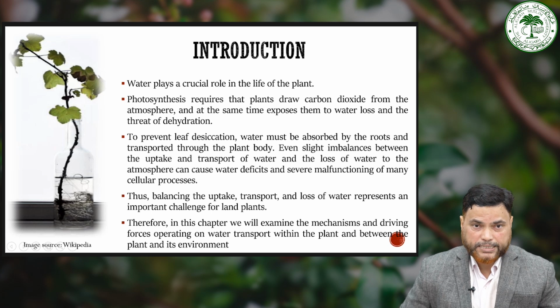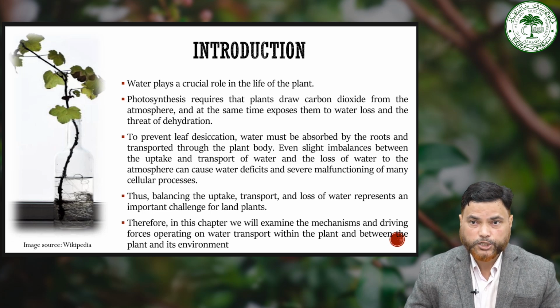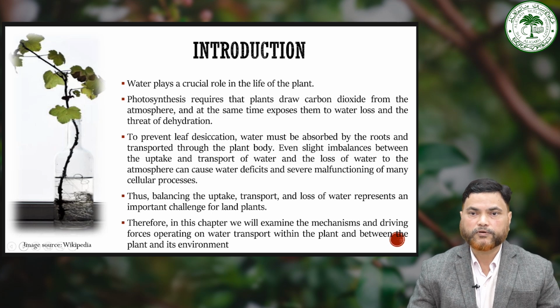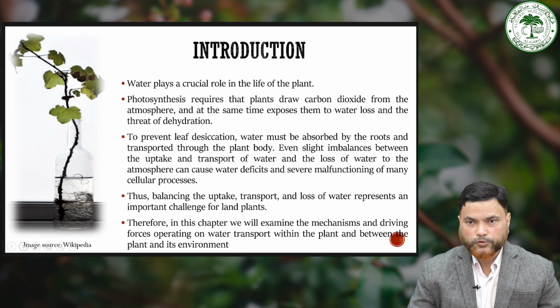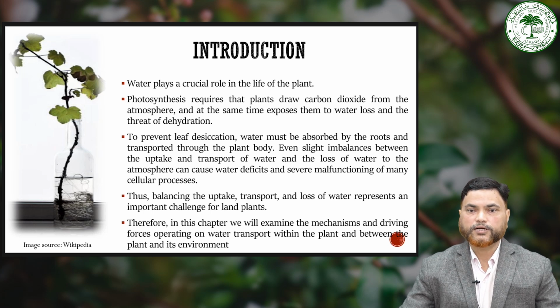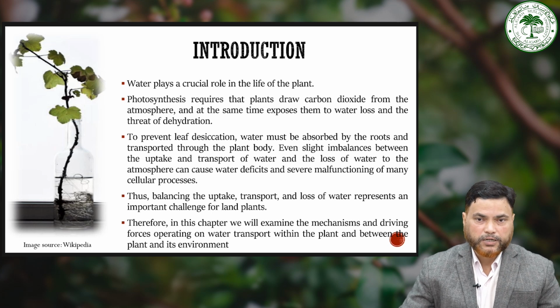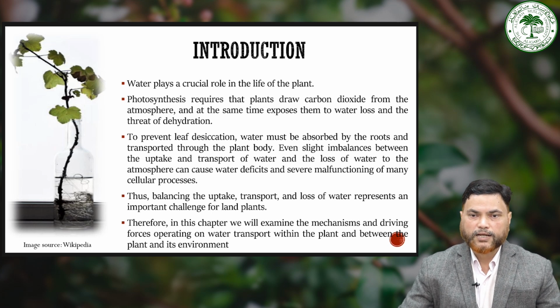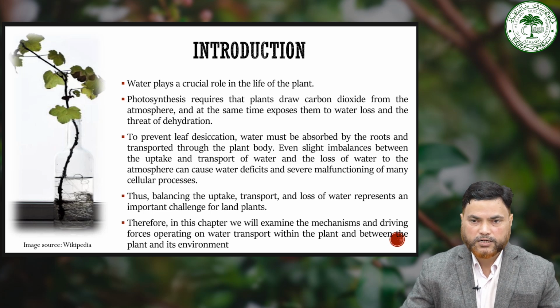Basic aspects of plant-water relations: water plays a crucial role in the proper functioning of the plant. During photosynthesis, plants absorb carbon dioxide from the atmosphere to produce carbohydrates using light energy. This uptake of carbon dioxide occurs through small openings called stomata present in the leaves, but at the same time there is a loss of water vapor through these stomata by a process called transpiration.